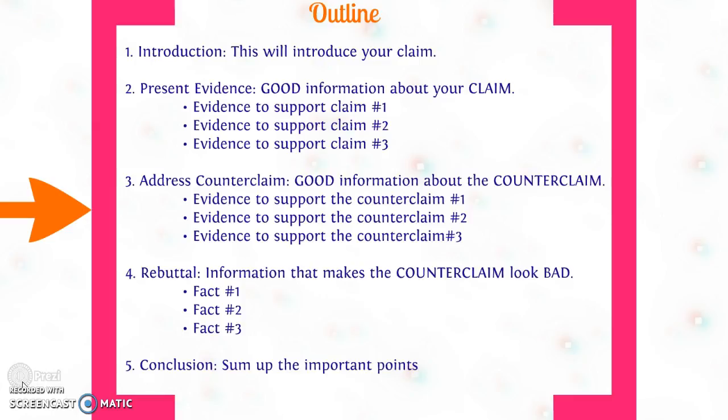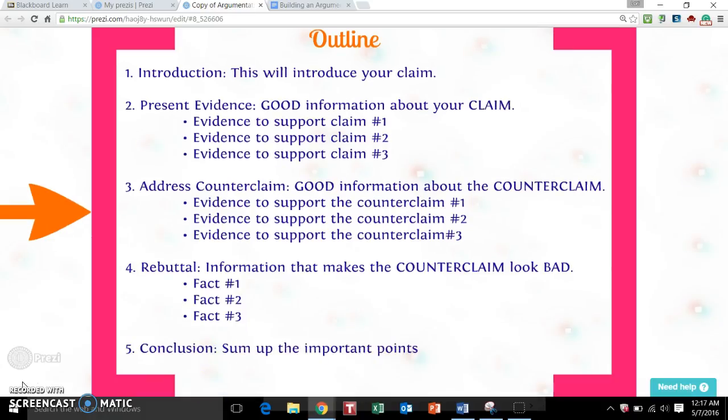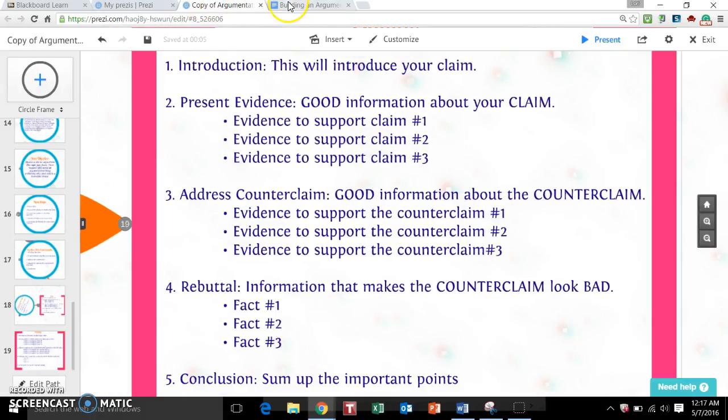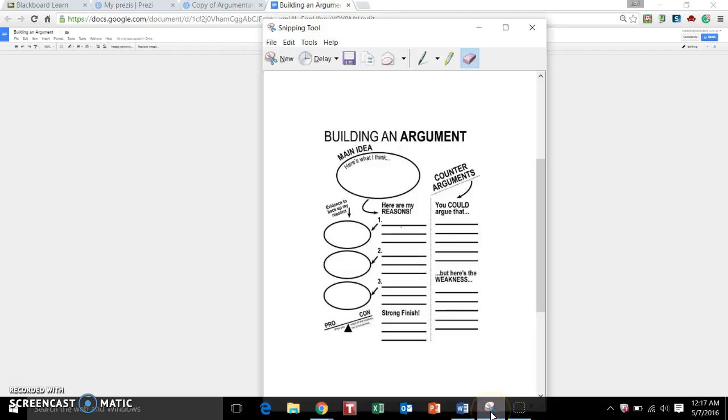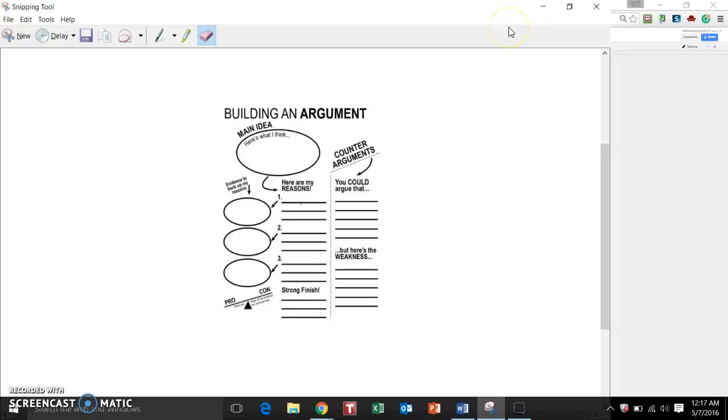I wanted to also take a look at your building an argument outline. Your building an argument outline should look like this. What I need you to do tonight is to write down a claim. This is your main idea. This is what your whole paper will be about.